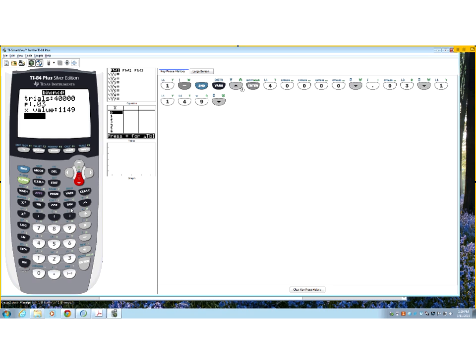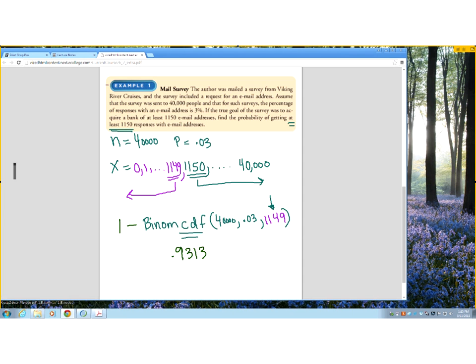And the 1 minus was so that we get the other side, which is what we do want. I go over the word paste and press enter. Notice that it pasted what I had on the whiteboard. Press enter again, and that's how you get the answer that we had. So it's 0.9313 compared to 0.9306, which was what we had with the approximation method.